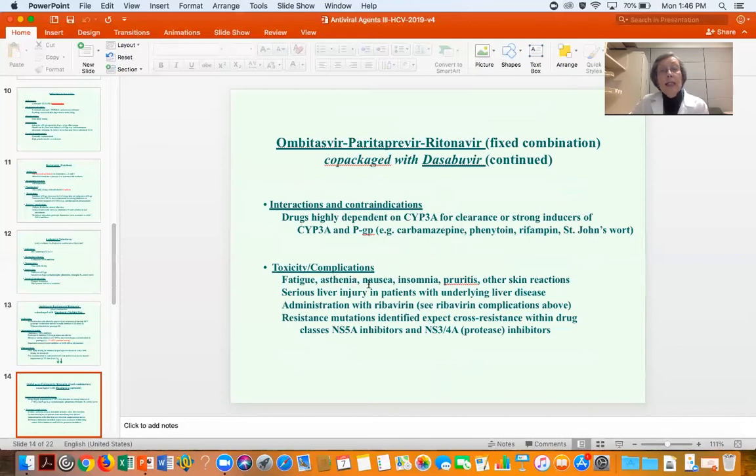Causes fatigue, asthenia, nausea, insomnia, pruritus, other skin reactions. And it's a serious problem if there's underlying liver disease. As I mentioned, it is administered with ribavirin. So check back with the ribavirin complications above. And then resistance mutations have been identified, so we can expect cross-resistance with drug classes of the NS5A inhibitors or the protease inhibitors.